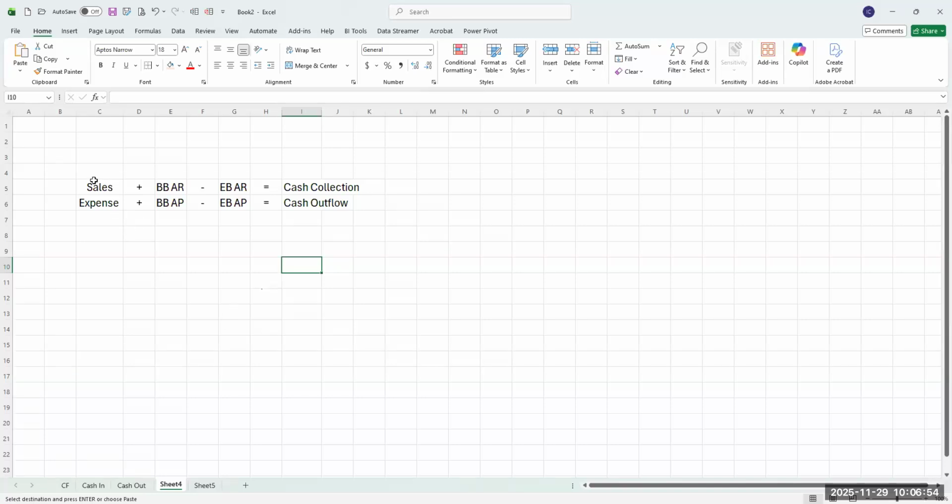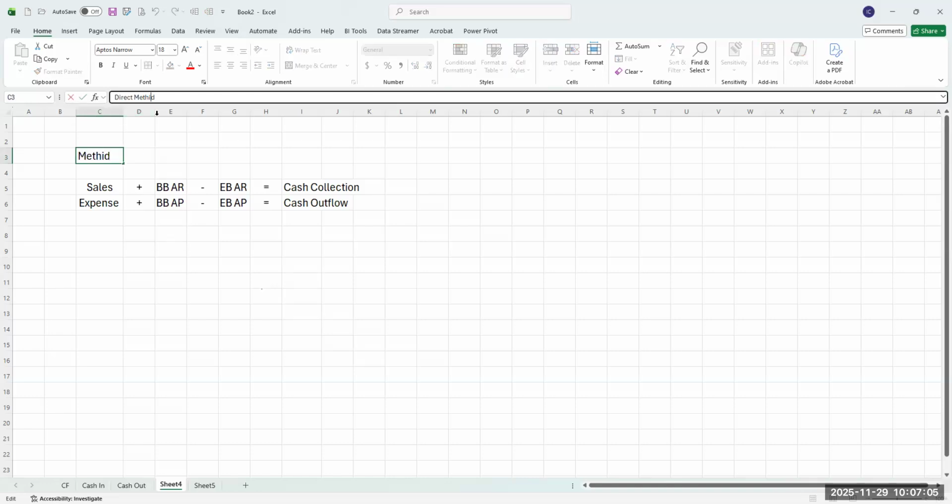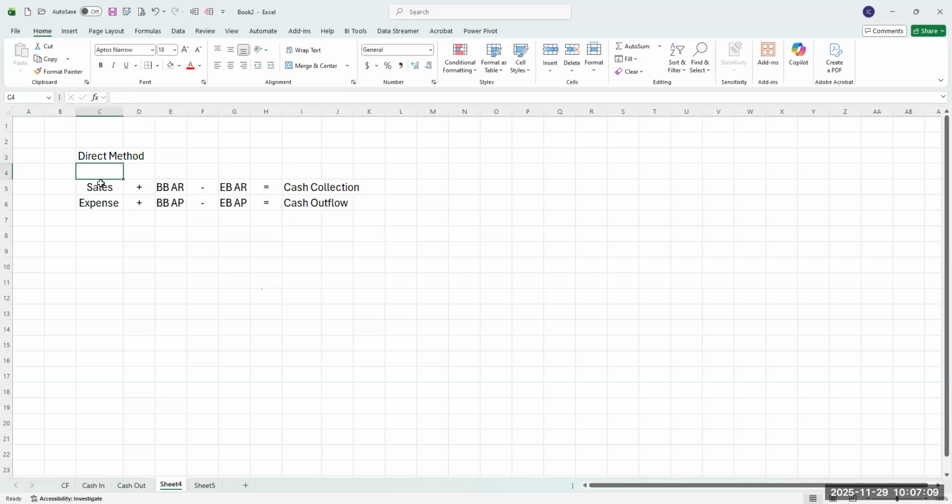So, in the direct method, this is exactly how we're doing it. We're chasing the sales, changes in accounts receivable to get the collection, then less cash outflow.